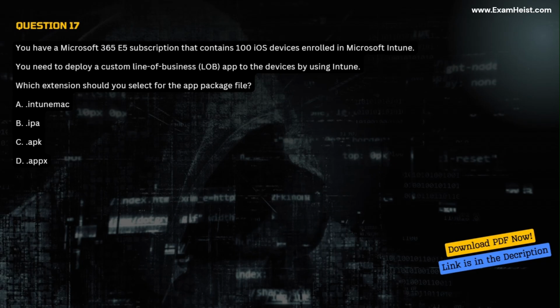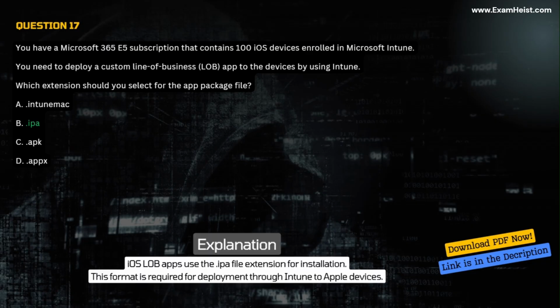B. .ipa. C. .apk. D. .appx. Correct answer: B. .ipa. Explanation: iOS LOB apps use the .ipa file extension for installation. This format is required for deployment through Intune to Apple devices.